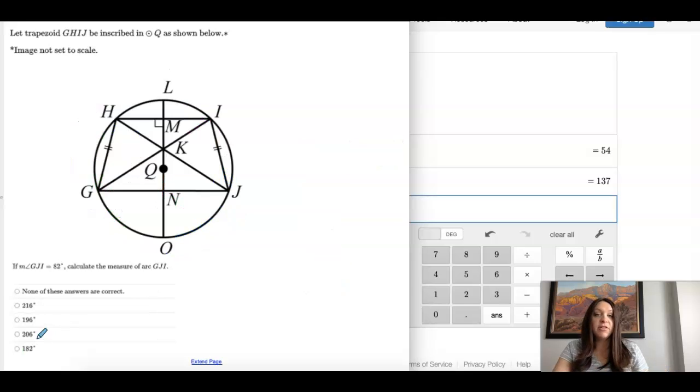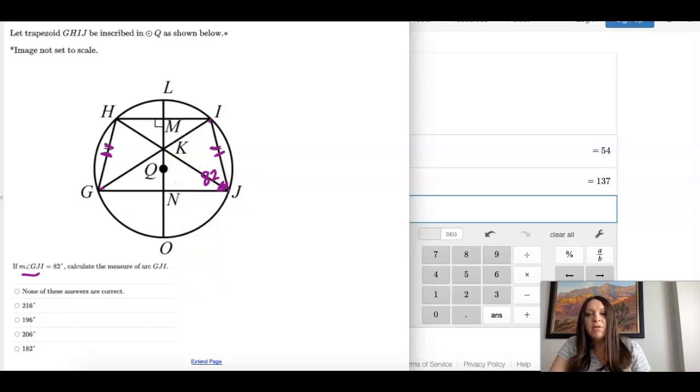Alright, so we have another trapezoid. It's isosceles because these are equal on this side, so that tells us a lot about our angles. So let's look at what we're given. G to J to I. So this is 82.